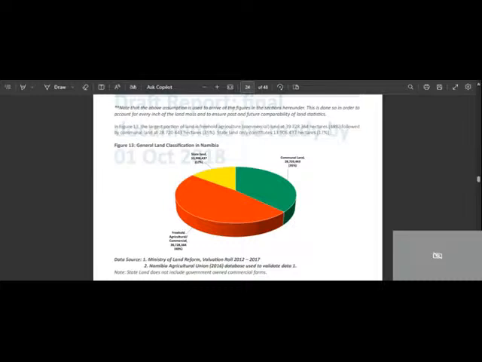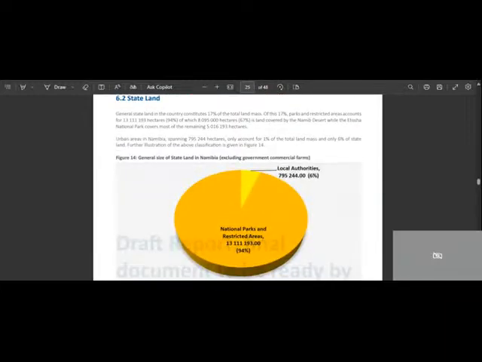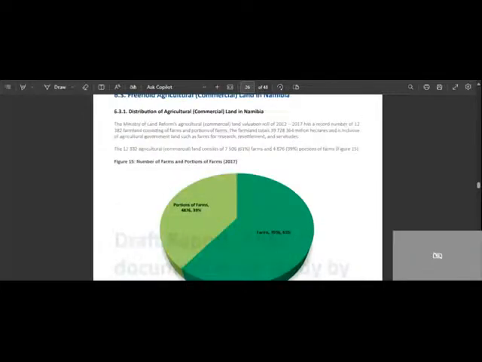Now they commercialize it. First, it was taken from the people by these white people. This is state land. This is not the land that we are interested in.